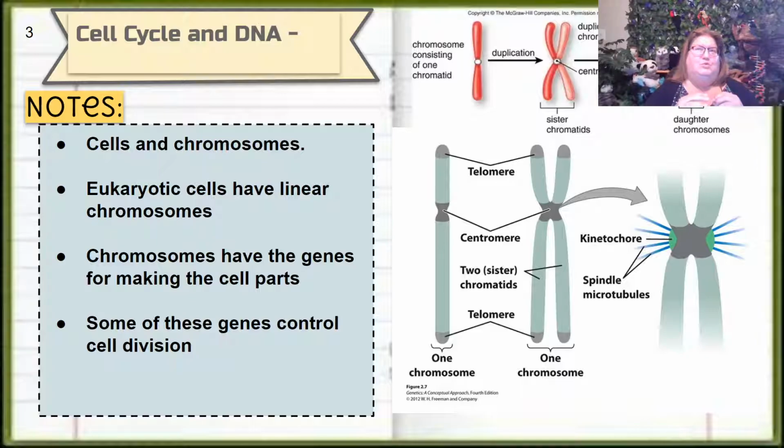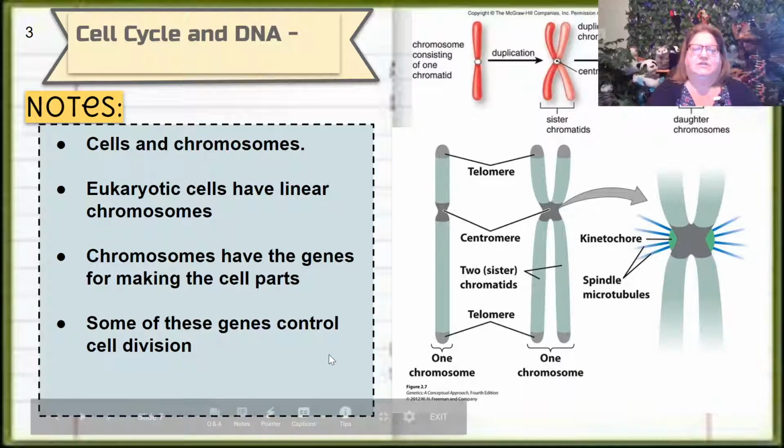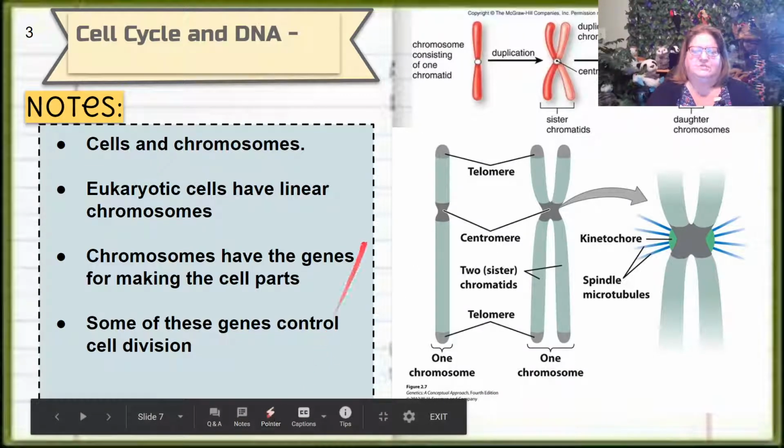You shouldn't want a cell to divide where one cell gets extra DNA and the other cell is missing DNA. That would be horrible. So the most important thing in cell division is to make sure that the cells get all of the right chromosomes. So let's go over some of the terminology that we're going to be using with our chromosomes.